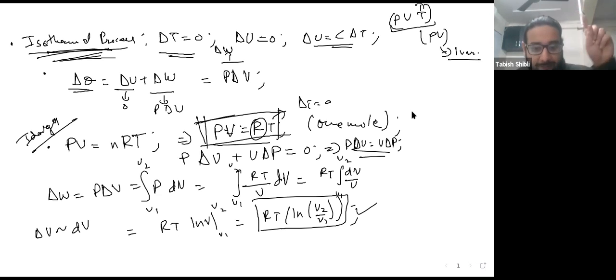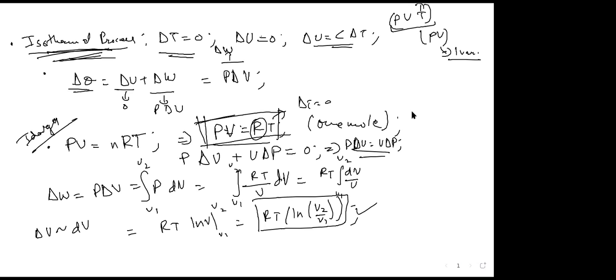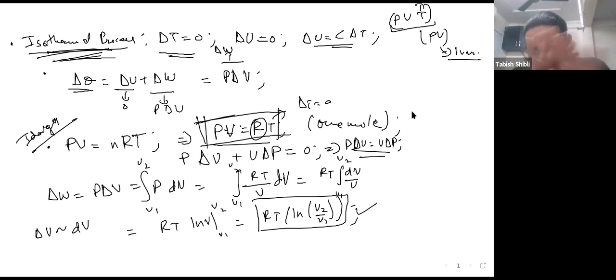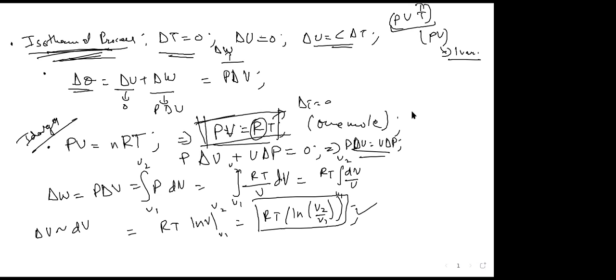So essentially, once you've figured out what the pressure is, you can figure out everything else in terms of the pressure, or in terms of the volume, or in terms of the temperature.